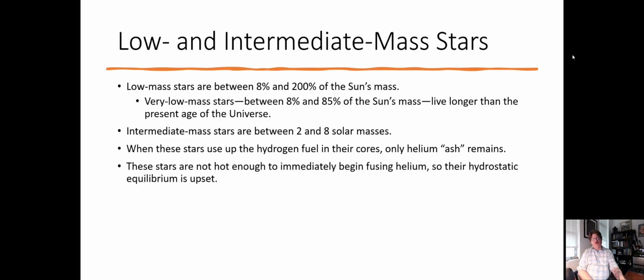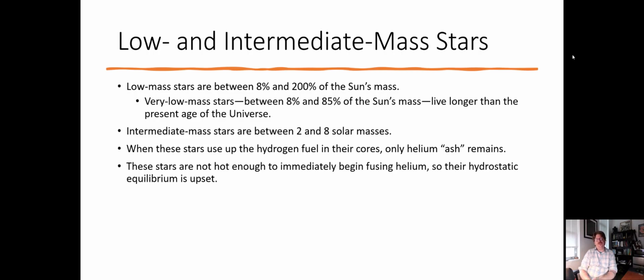Now, I want to remind folks of a term which we refer to as hydrostatic equilibrium. Hydrostatic equilibrium is a fancy way of saying that the two primary pressures acting on a star are equal, and those pressures are gravity trying to contract the star into essentially a point, and radiation pressure pushing outward.